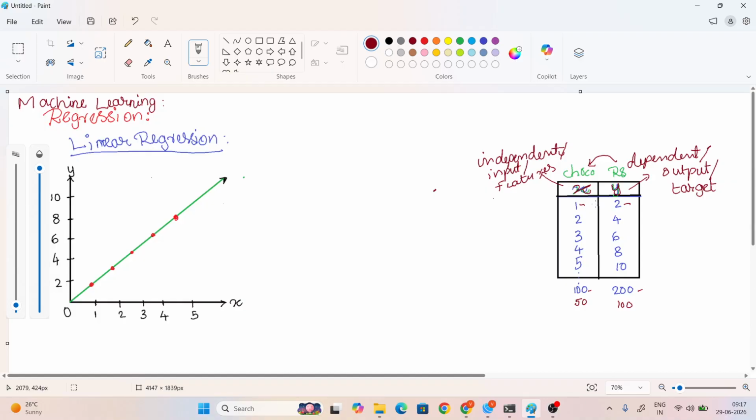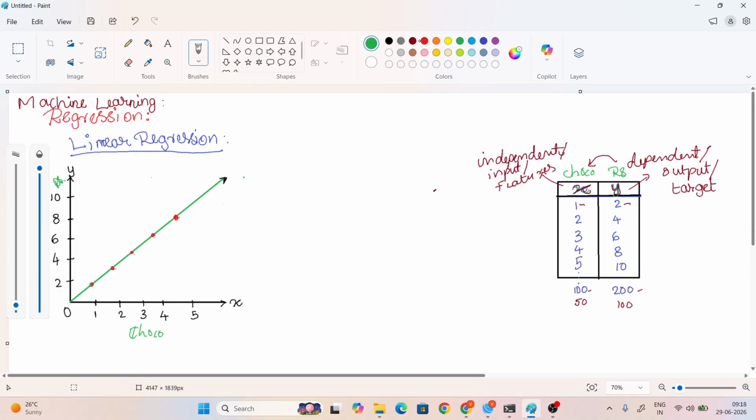Okay, so let me draw the graph using this x and y axis. See the graph. The x-axis is chocolates, and the y-axis is rupees. So here I point out the point.